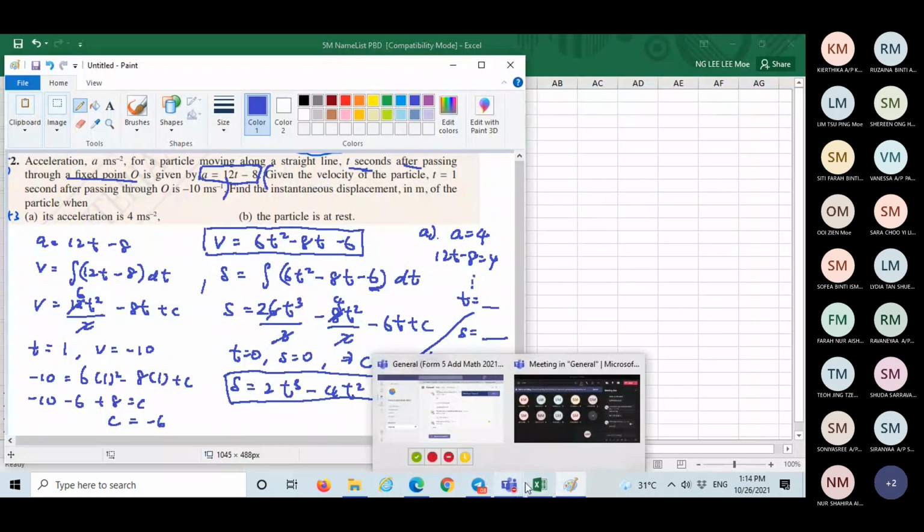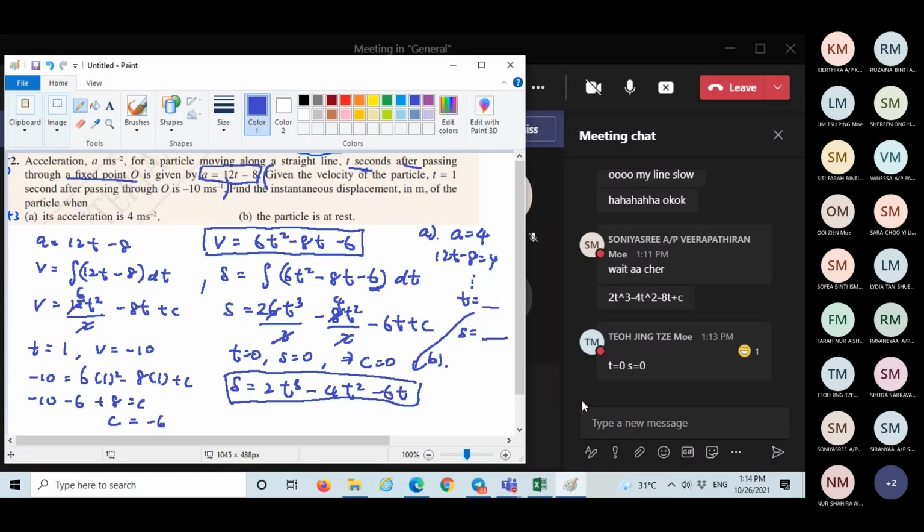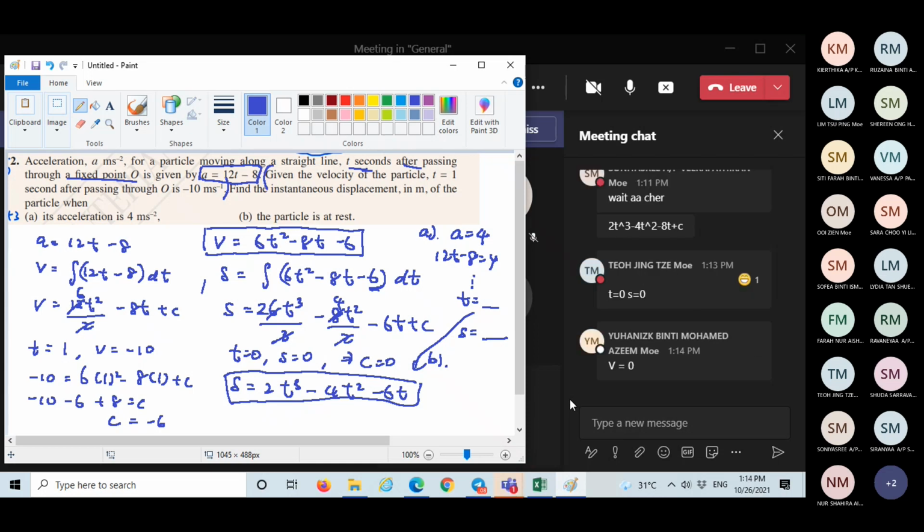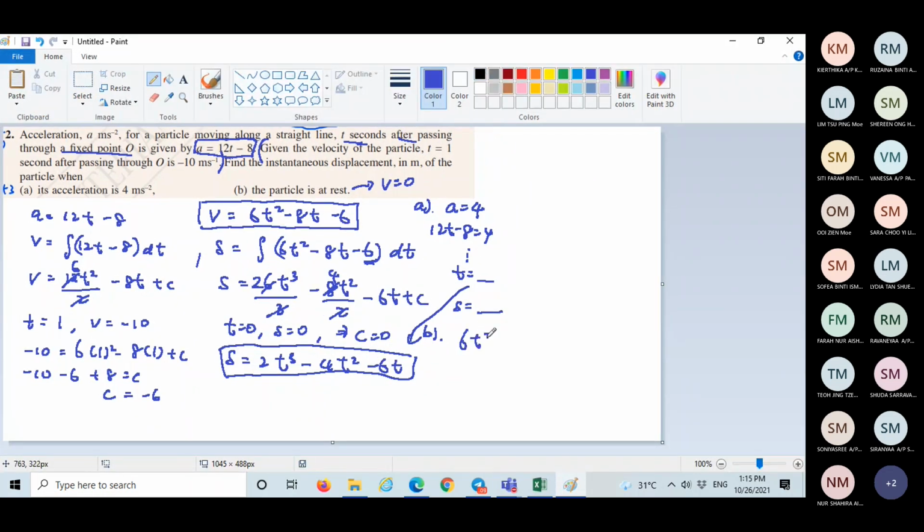When you see the particle is at rest, so what condition is that? Okay, very good. Thank you very much. This one means V equal to 0. Because we repeat many times already. So you got to set this V. 6t squared minus 8t minus 6 equal to 0.